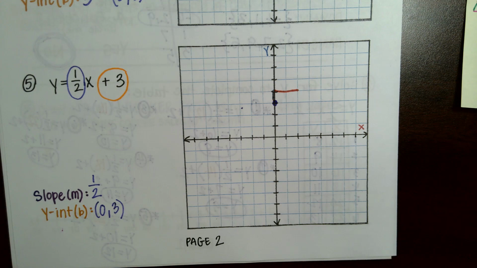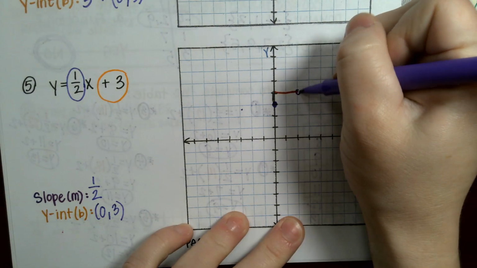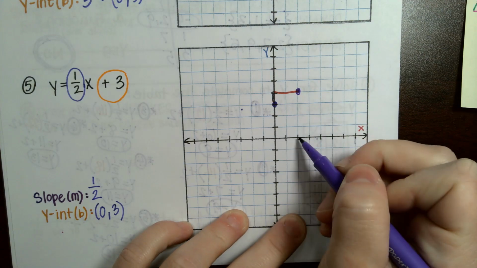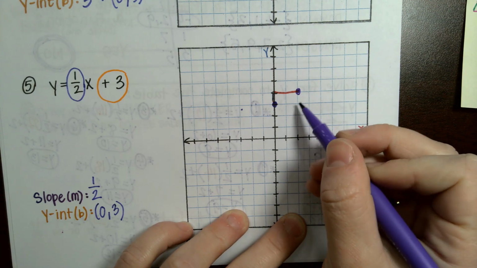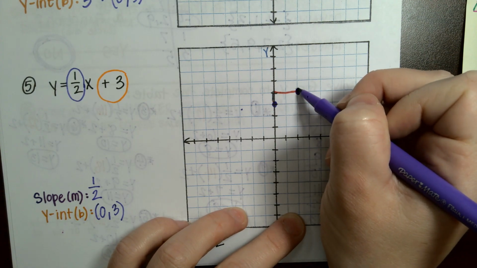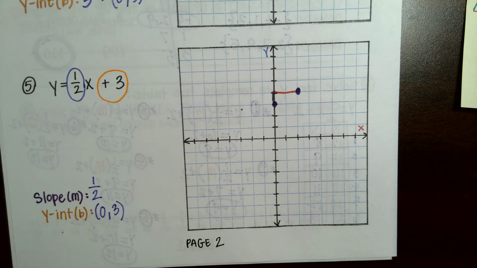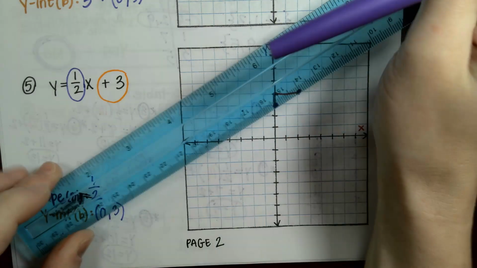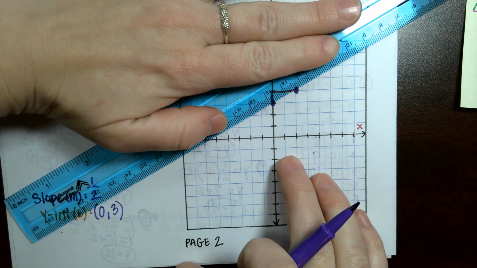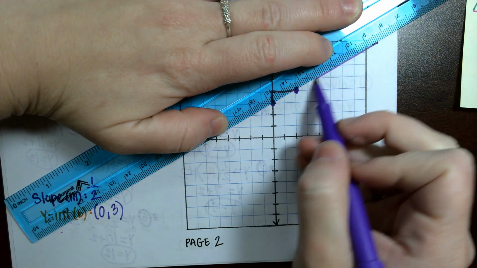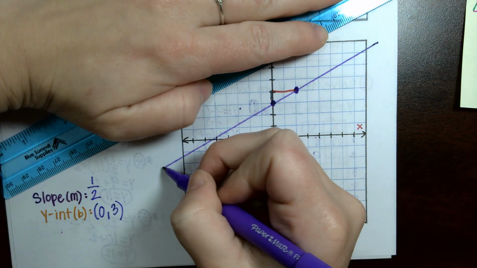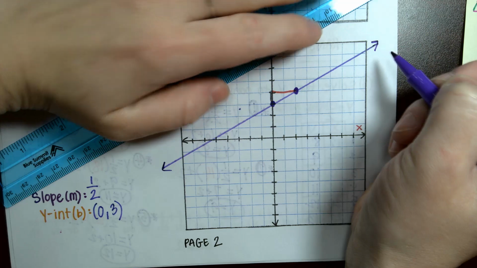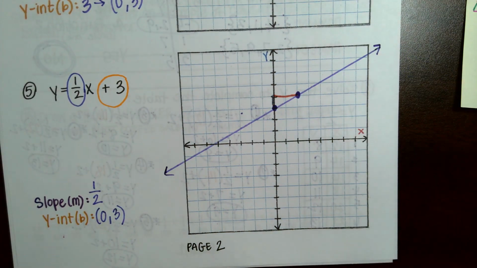And that's going to put our second point right over here at over 2, up 1, 2, 3, 4, at 2, 4. All right, and then we just connect the dots. And that's all.